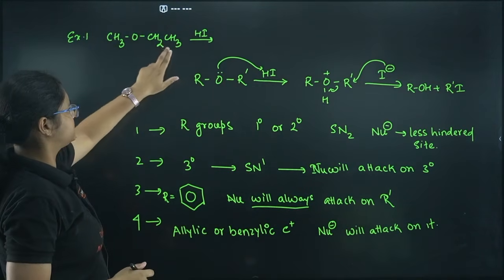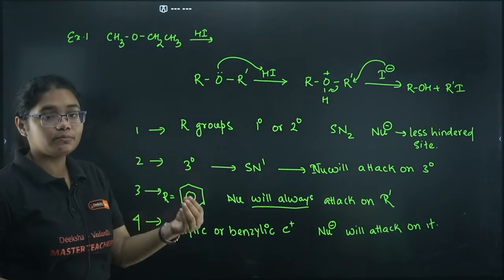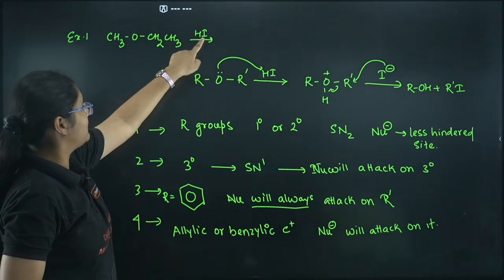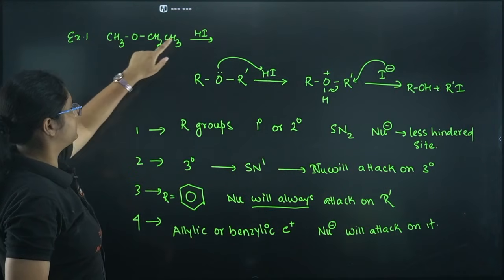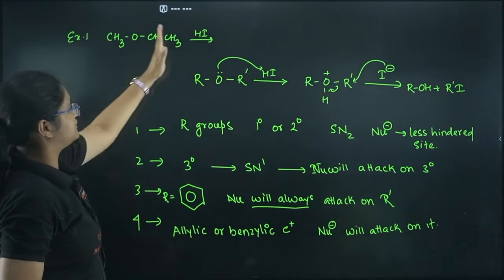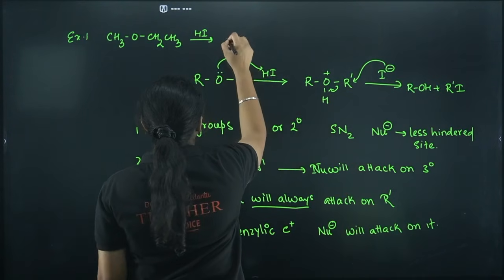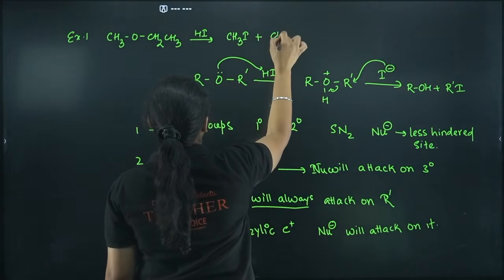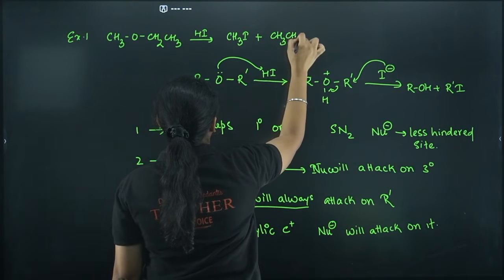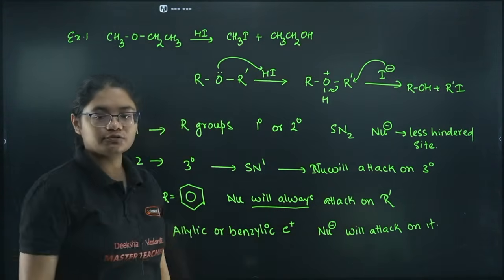You can see this is primary, this is also primary, so the reaction will occur by the SN2 mechanism and the nucleophile I minus will attack on the less hindered side. First O plus H will be there, then I minus will attack here and the other part will form the ROH. So what will be the product here? The product will be CH3I plus CH3CH2OH. Clear, the first one.